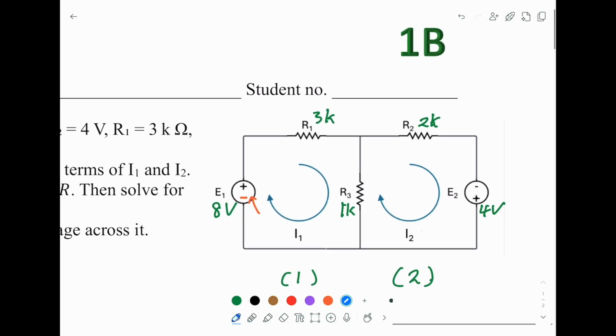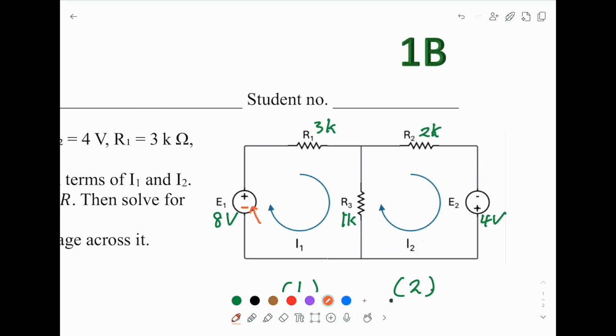Next, the current enters R1 here, and this is I1, and R1 is 3K. So we write down the voltage straight. The voltage V is equal to IR, so you can write I1 3K, but we know I1 is our unknown.